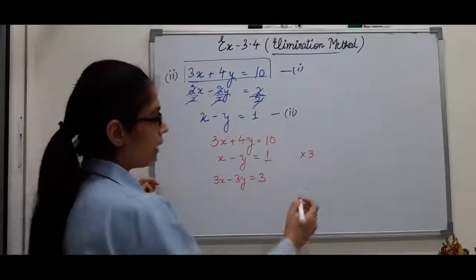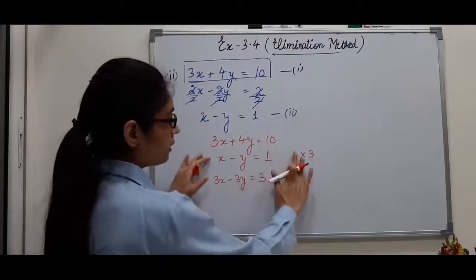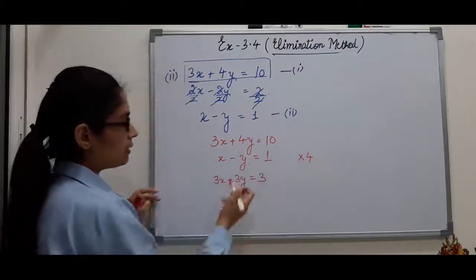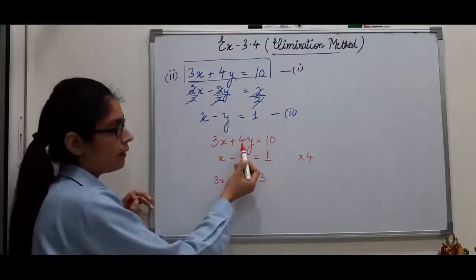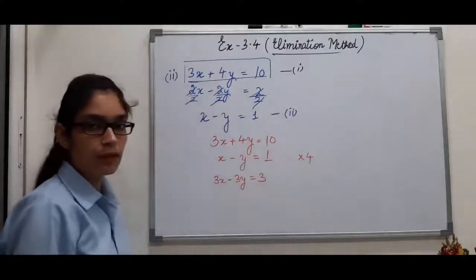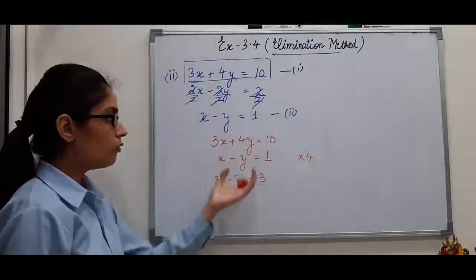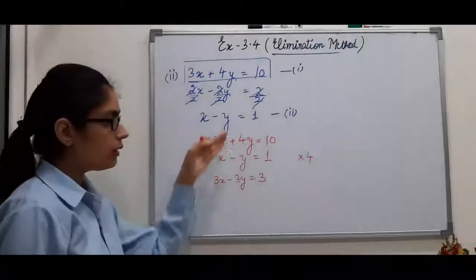Or I can also multiply the second equation with 4, because the coefficient of y is 4. So either I can make the coefficient of x equal in both the equations or the coefficient of y equal in both the equations.